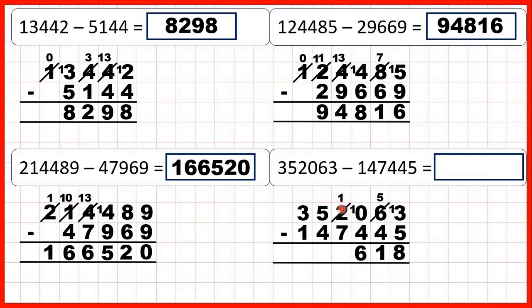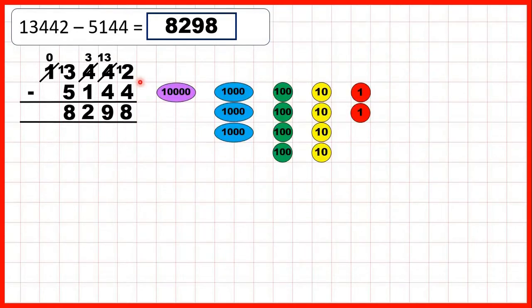We can't do 1 minus 7, so go to the left, 1 less, 1 in front. 11 minus 7 is 4. 4 minus 4 is 0, and 3 minus 1 is 2. So that gives us our answer, 204,618.